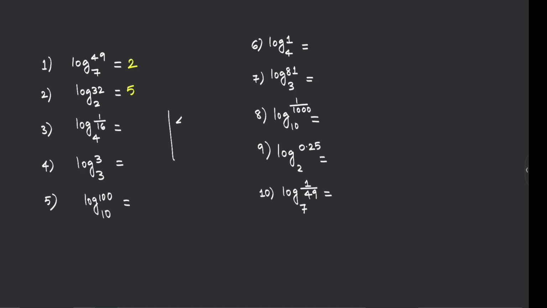We all know 4 should be raised 2 times to get 16, but we want 1 by 16. 4 should be raised minus 2 times to get 1 by 16, because 4 to the power of minus 2 is equal to 1 by 4 to the power of 2, that is 1 by 16. So, minus 2 times, because 4 to the power of minus 2 is equal to 1 by 16.